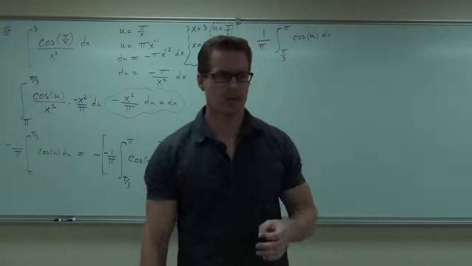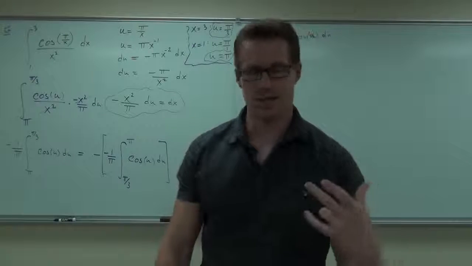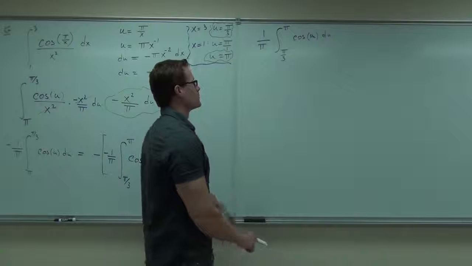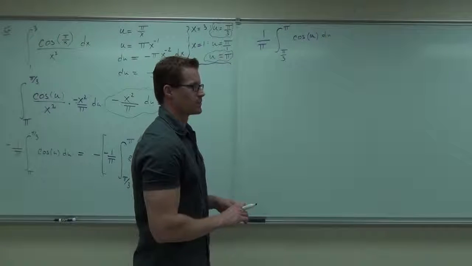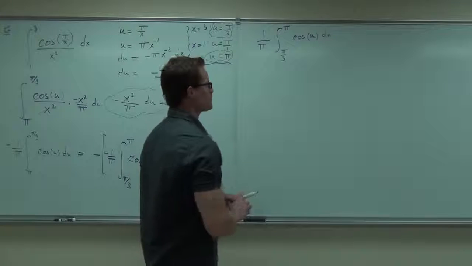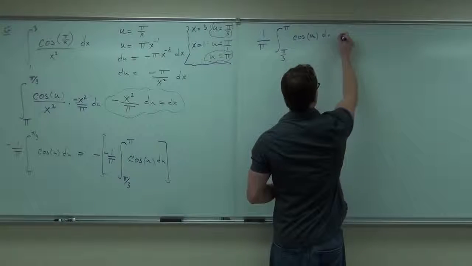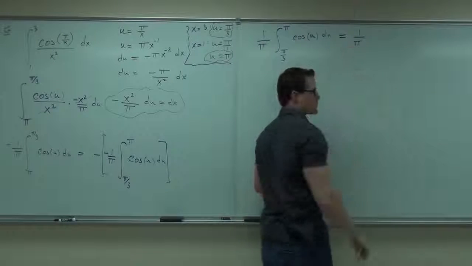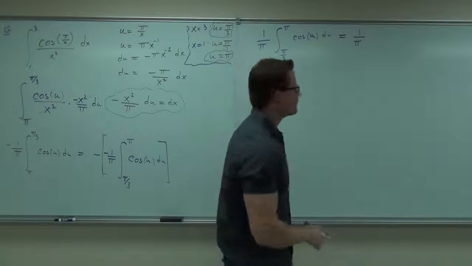Go ahead and evaluate it the way that we've written it, the way that it's kind of nice for us, and then see what you have. Don't forget about that 1 over pi out in front.